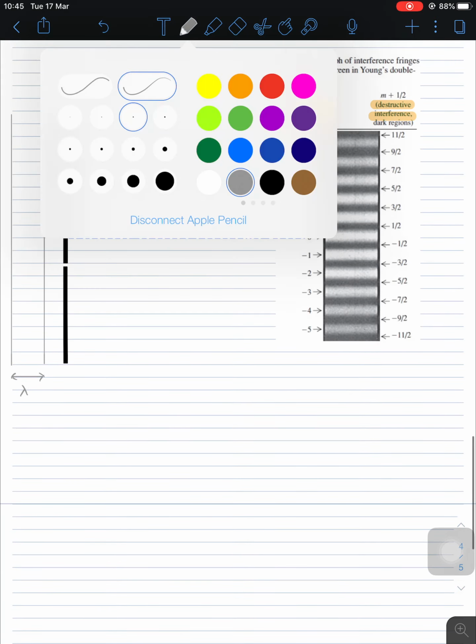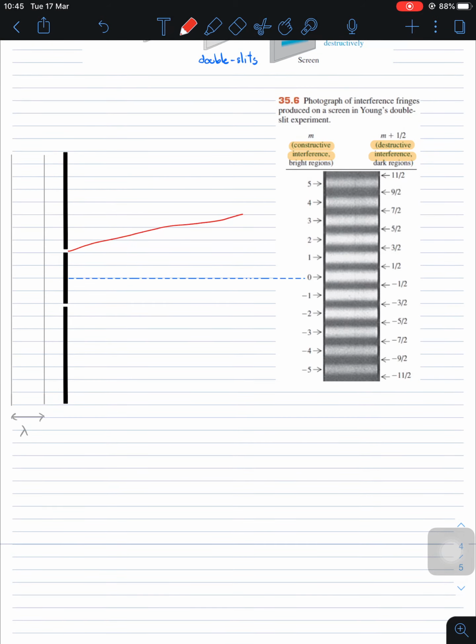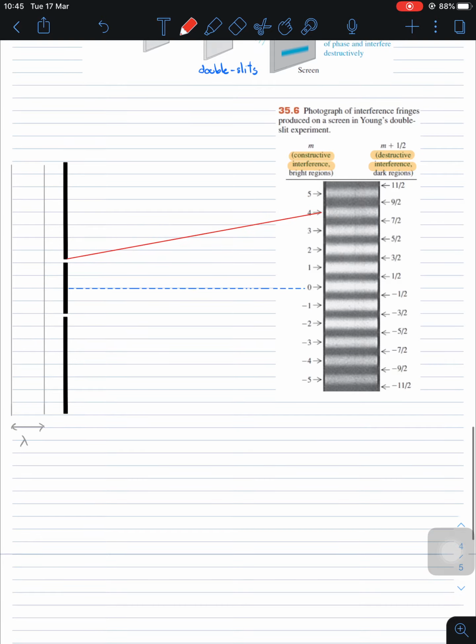If we define this distance, if I consider any order, and then we have another line.